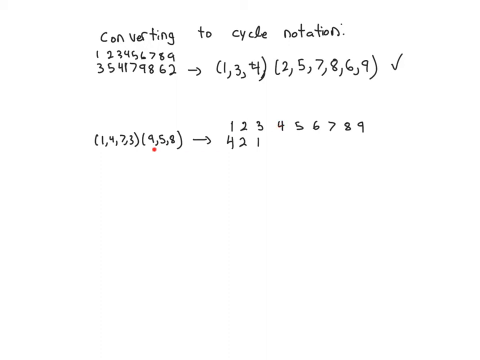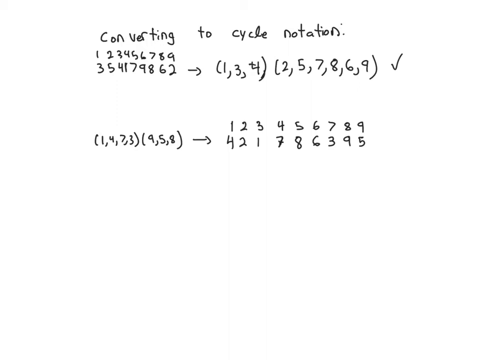Where does 4 go? 4 is in this cycle, so 4 goes to 7. 5 is in this second cycle, so 5 goes to 8. 6 doesn't appear, so 6 is a fixed point. 7 is in the first cycle, its right neighbor is 3. 8 is in the second cycle, its right neighbor is 9. 9 is in the second cycle, its right neighbor is 5. And so you can see that you can go back and forth between the two notations.